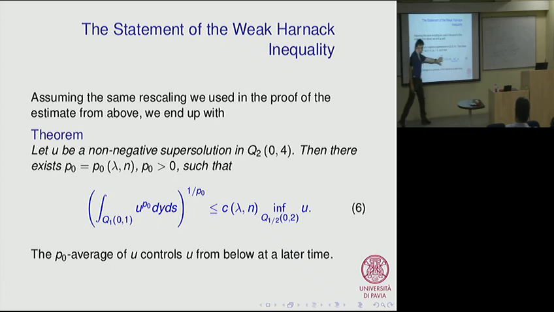So again, the infimum is taken somewhere, whereas the average is taken below, and the two sets do not overlap, there is a time gap in between, which is exactly what I expect. Then, as I said, if you have the previous estimate, the sup estimate, and then you have this estimate, so you have the weak Harnack inequality, then you put them together and you have the final result. So if I show that this holds true, then basically I'm done. I'm in business, I have exactly what I want, and there is nothing more to do.